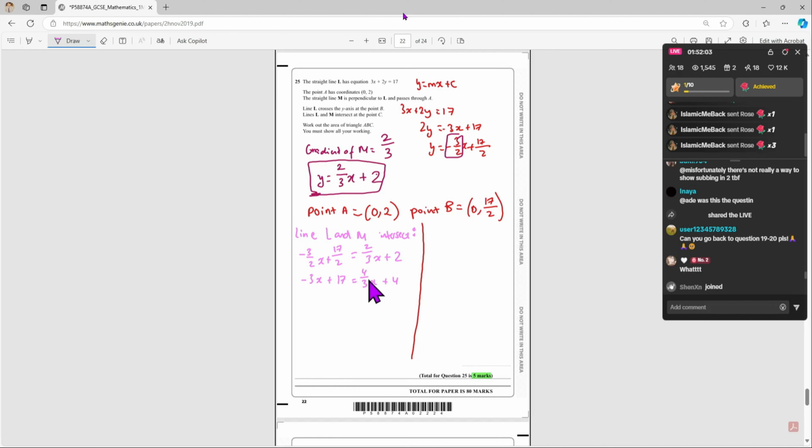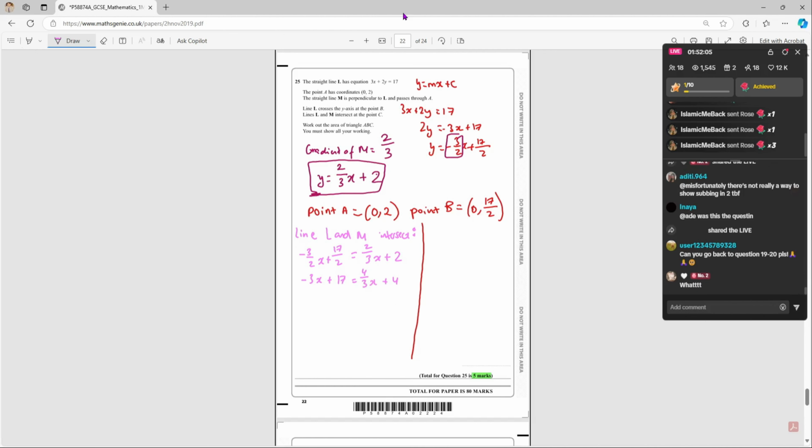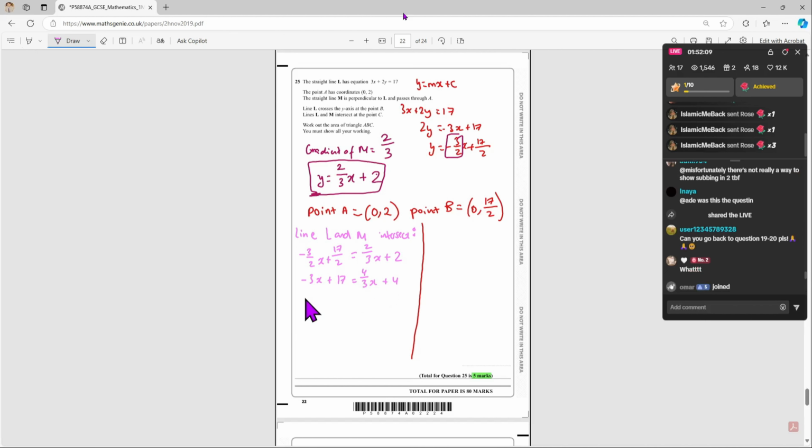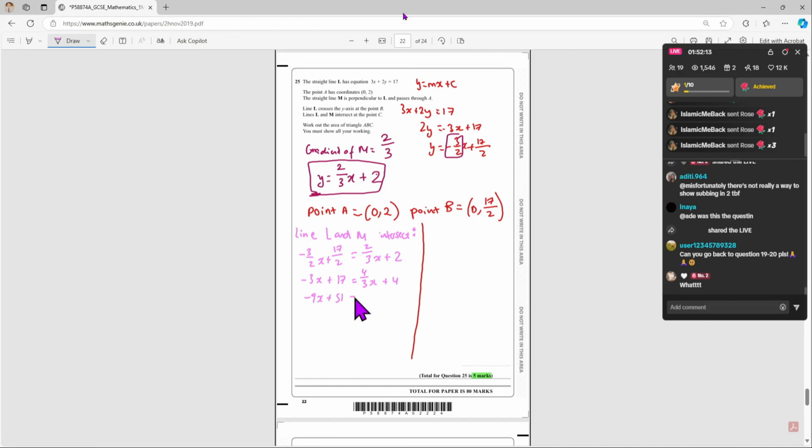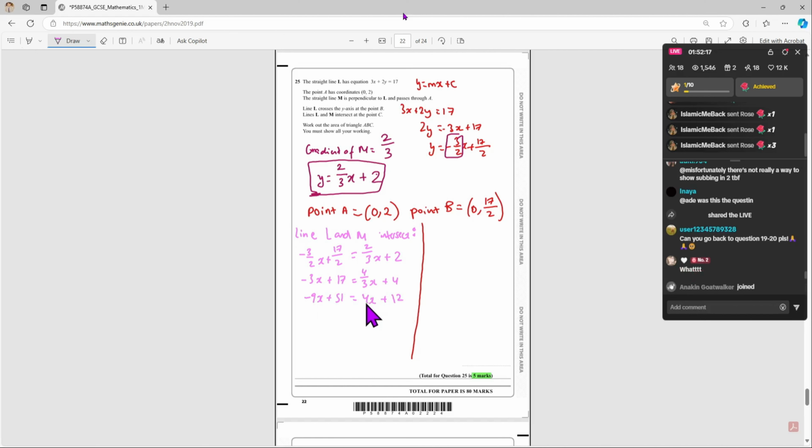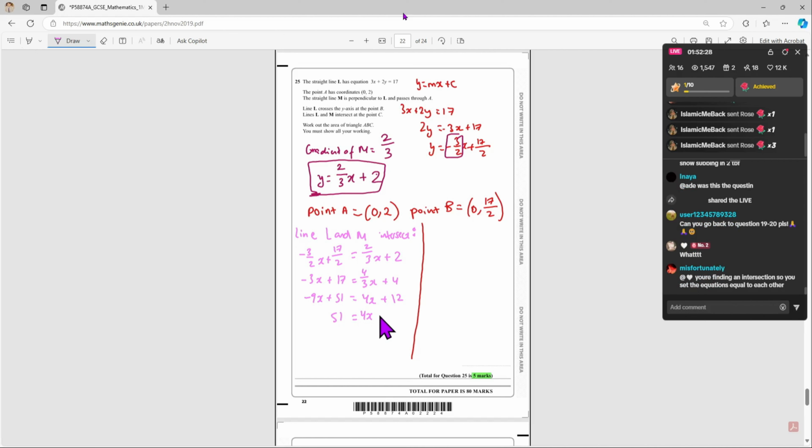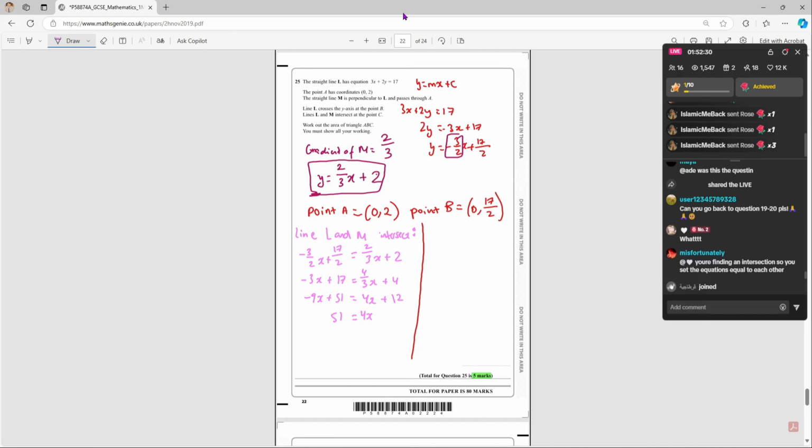And then you multiply by 3 to get rid of that fraction. It's going to be negative 9x plus 51, which is equal to 4x plus 12. Then you add 9x to both sides to get 51 is equal to 4x plus 9x, sorry, you're adding 9x.